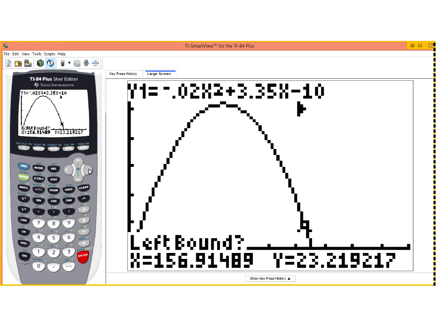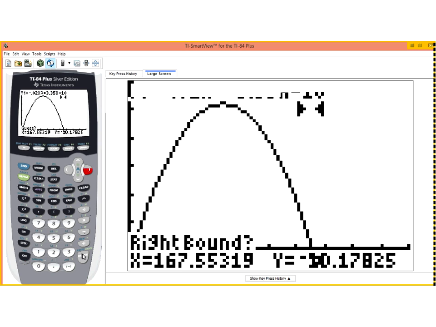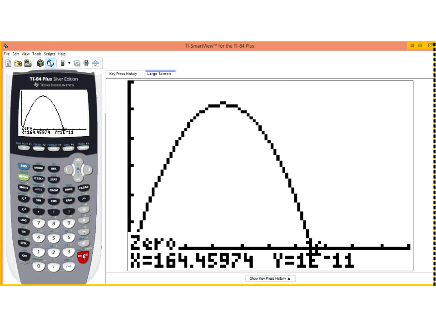I press enter. That's the right bound, so I move to the right and press enter. And it wants a guess. I just press enter again. And there we go. 164,000 is my other zero. So roughly 3,000, and then roughly 164,000.